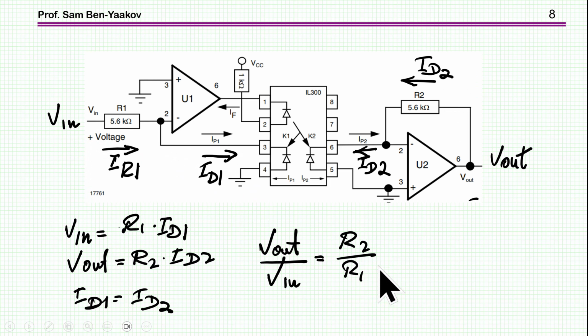So we have built a linear amplifier around this device, based on the assumption that the current of the two diodes is exactly the same, and also that it remains the same over temperature. This is the assumption here for getting a linear amplifier and a temperature-independent behavior.